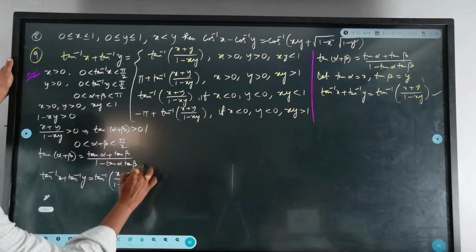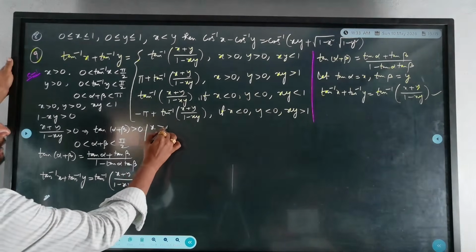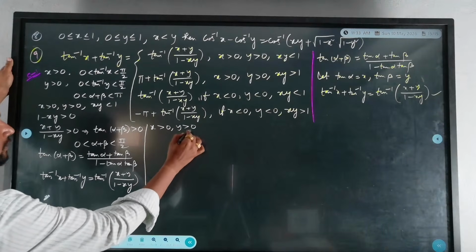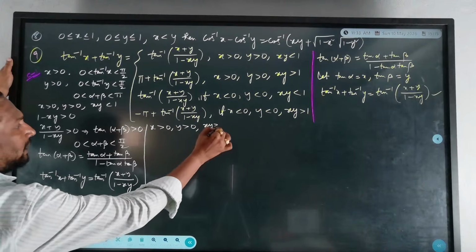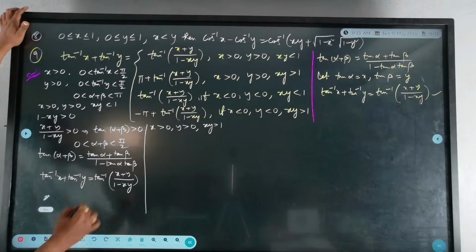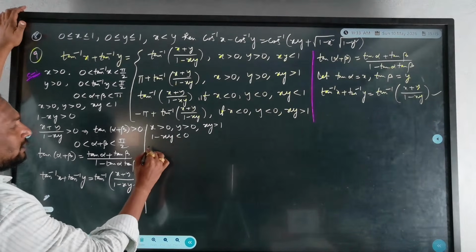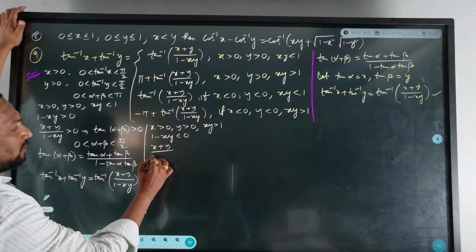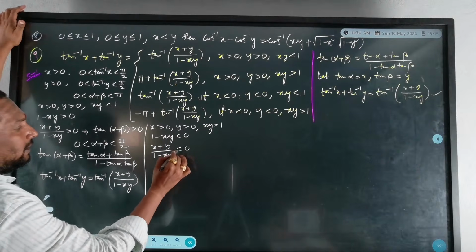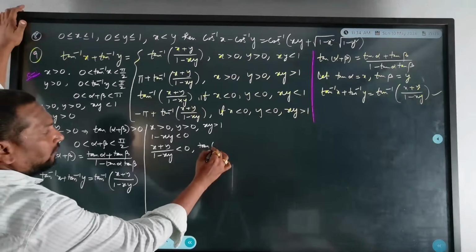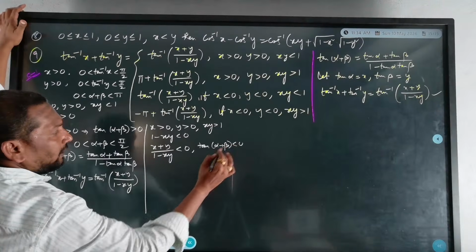Done. Now x greater than 0, y greater than 0, xy greater than 1. Since xy greater than 1, 1 minus xy is less than 0. Now x plus y by 1 minus xy is less than 0. That means tan alpha plus beta is less than 0.